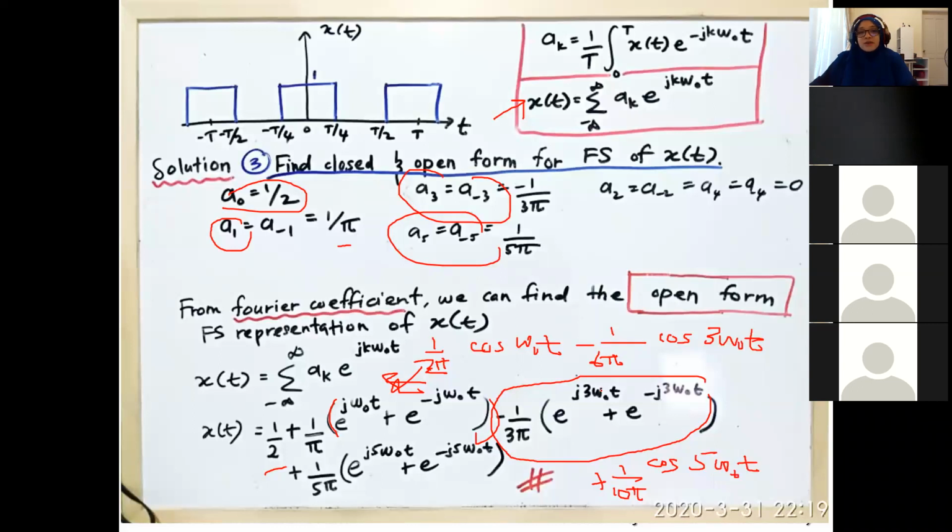If you iterate for all the ak values until infinity, imagine that you did until a100, so you have plus 1 over something cos 7ωt, plus up to the magnitude of cos 100ωt.